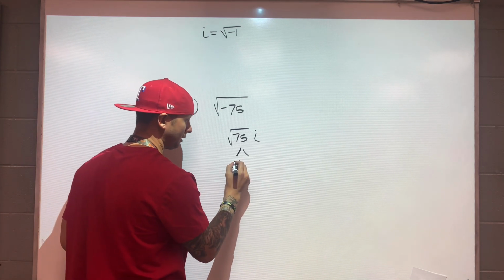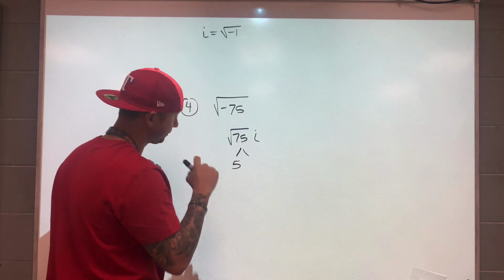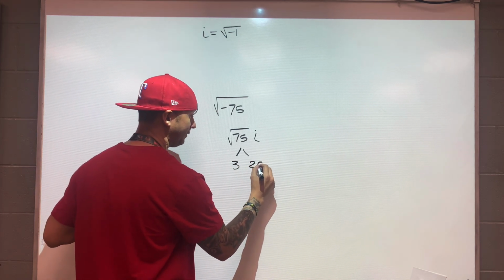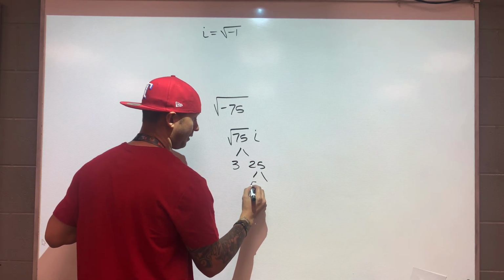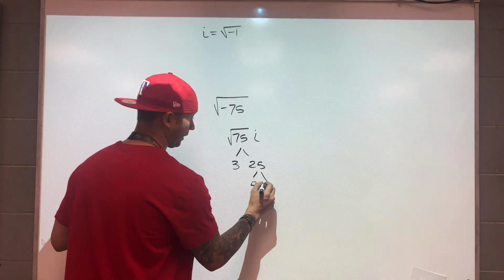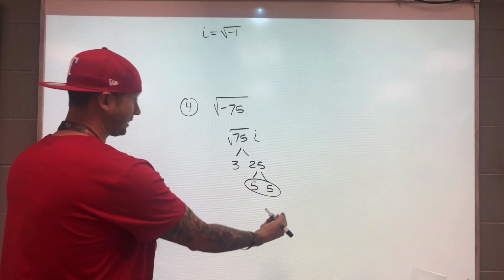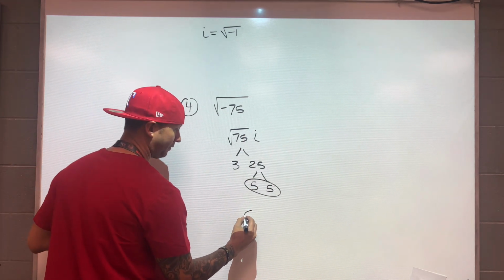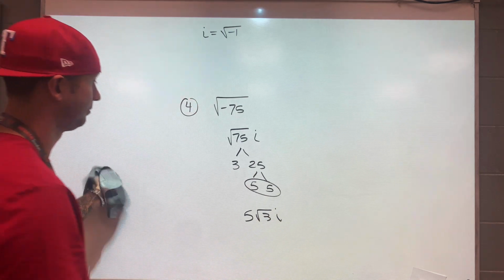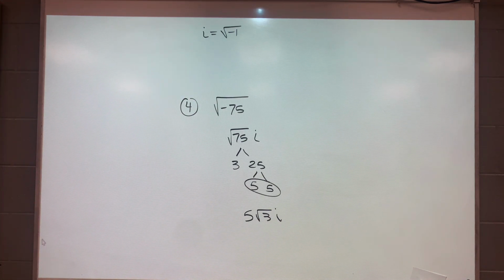So actually I'm going to do 3 times 25. 25 is 5 times 5. So here's a pair. That's going to come out. So I'm going to get 5 root 3 i. Nice imaginary number.